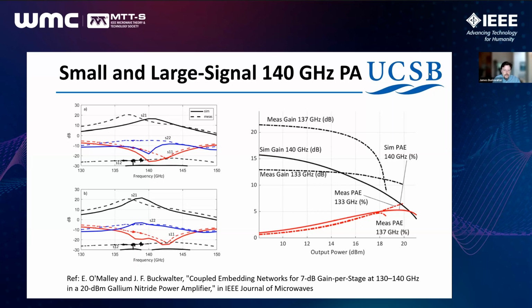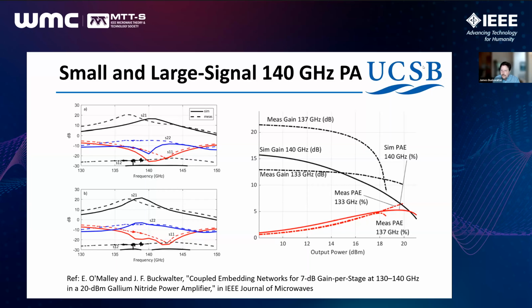The plot on the right shows how the measured and the simulated gain compression look in this amplifier. And one of the interesting things here is how the embedding network behaves under large signal conditions, which we wanted to understand. We actually found the measured PAE to be a little bit higher, around 7% PAE relative to our simulated result, which is around 5 to 6%.